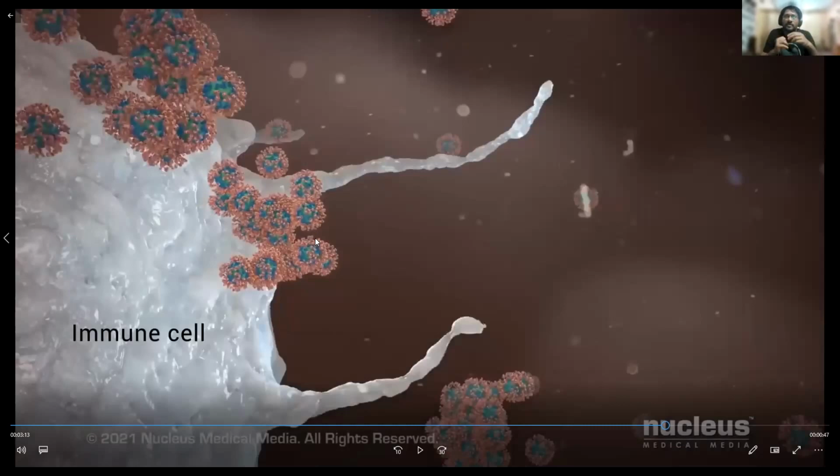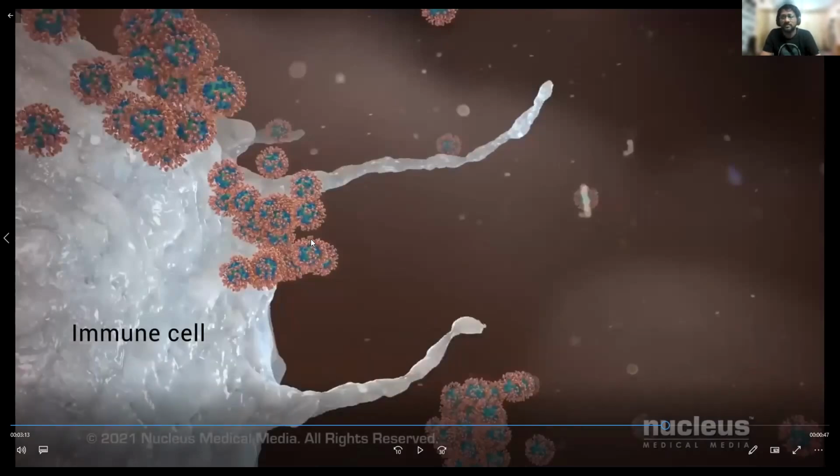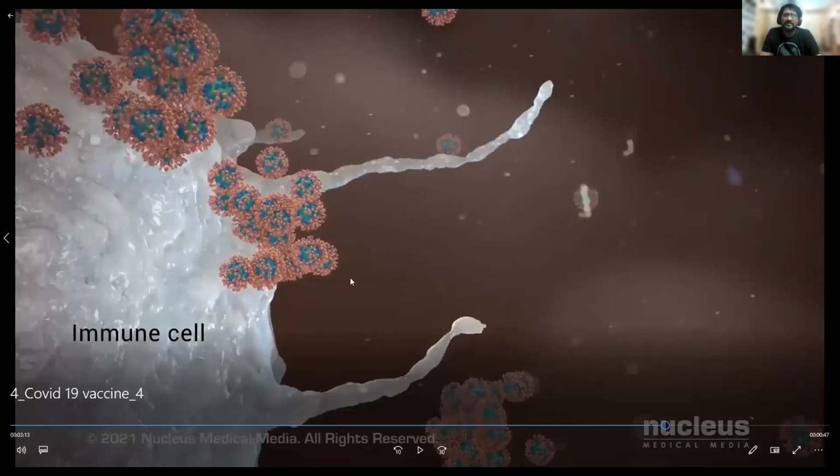When the antibodies are masking the entire virus, it cannot attach to the cell, and it would be killed by our macrophages or immune cells, because they recognize the antibodies by a different process. In a real infection after vaccination, they will be killing this real virus.